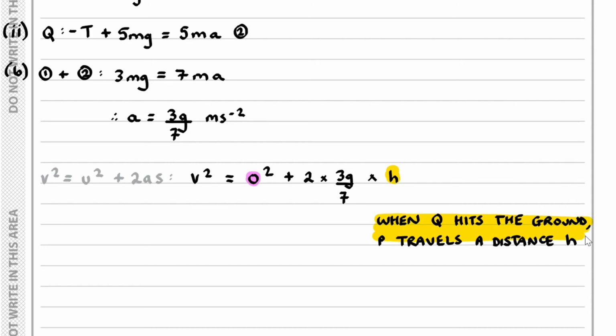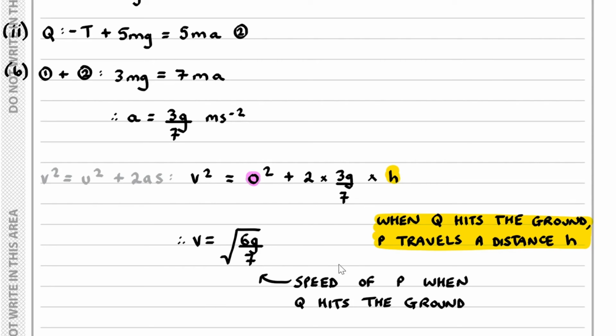So what we can now do is find out what v is. And so therefore, v equals 6gh over 7 square rooted, and what this represents is the speed of P when Q hits the ground.